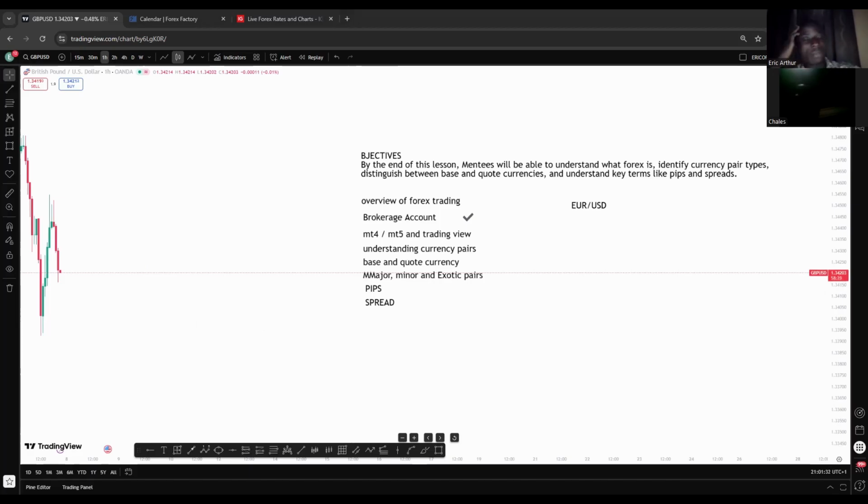So what do you understand by brokerage account? I've learned that before you can place a trade, you need a brokerage account, and that brokerage account is where you are going to keep your money to help you place your trade.